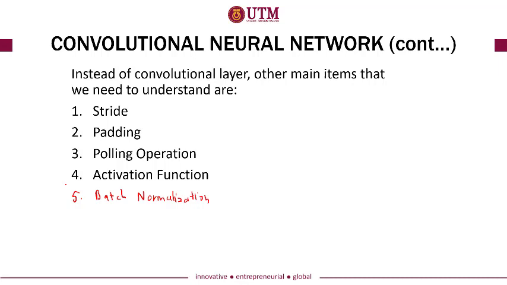Once you get the matrix of nets, you apply the activation function to produce the O matrix, also known as activation maps or feature maps. Some books call it activation maps, and other books call it feature maps.